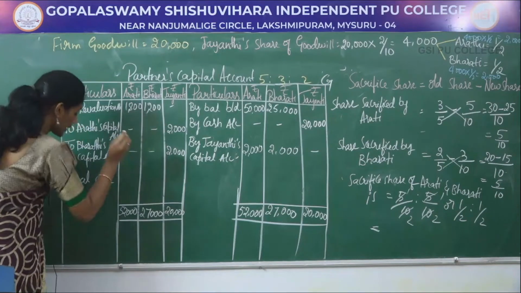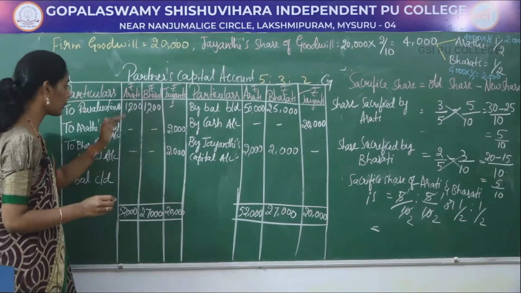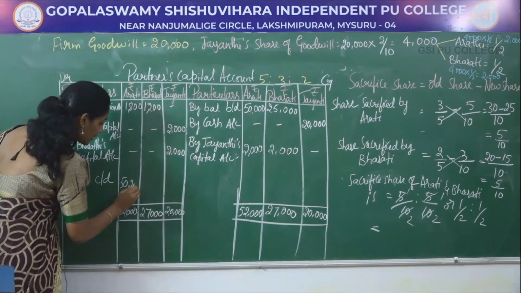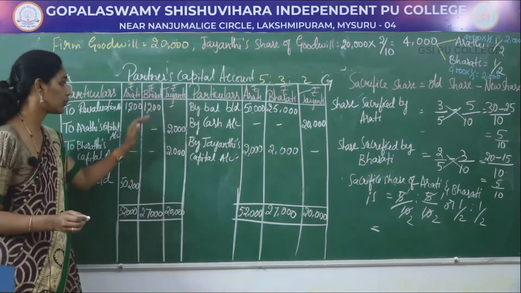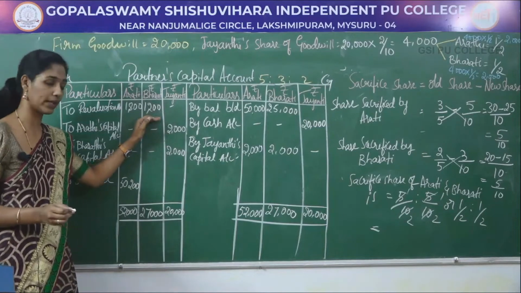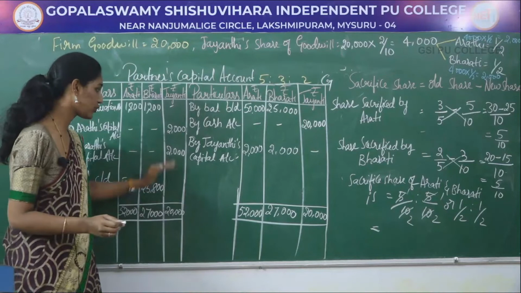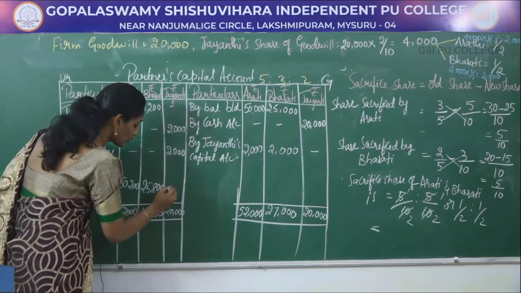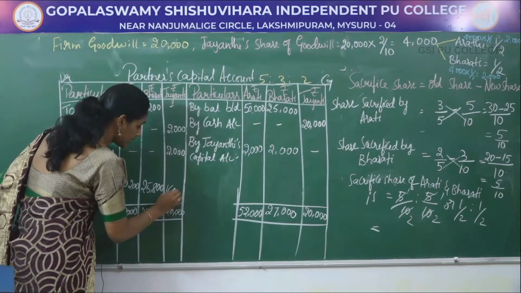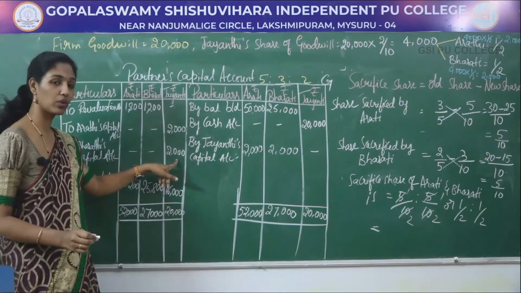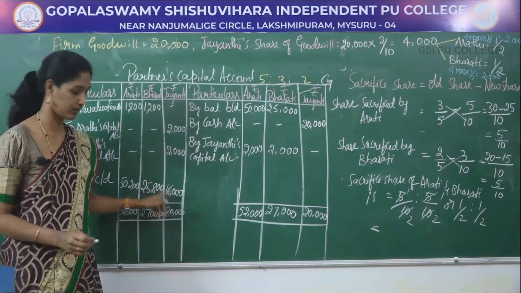Write to balance carry down. 52,000 minus 1,800, you will get 50,200. Next 27,000 minus 1,200, you will get 25,800. Next 20,000 minus 4,000, you will get 16,000.